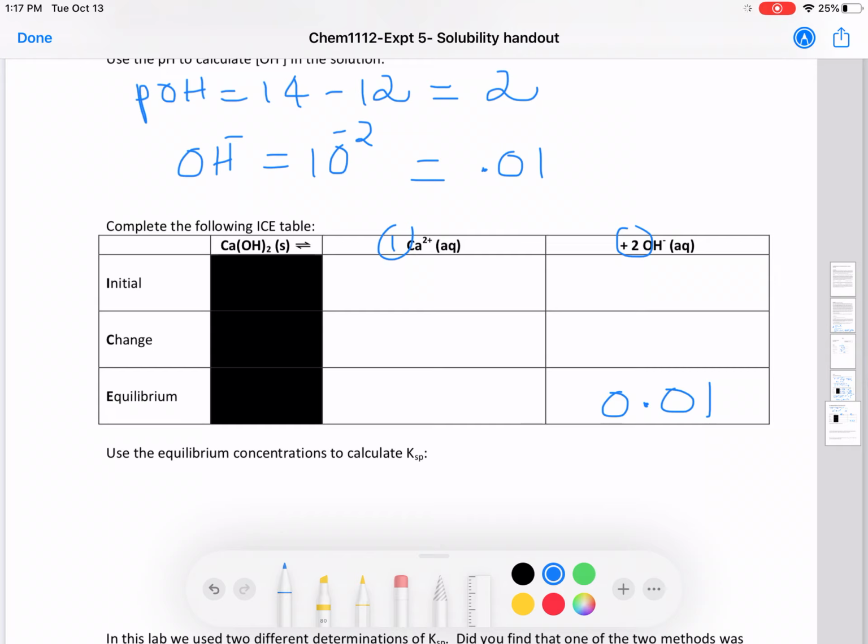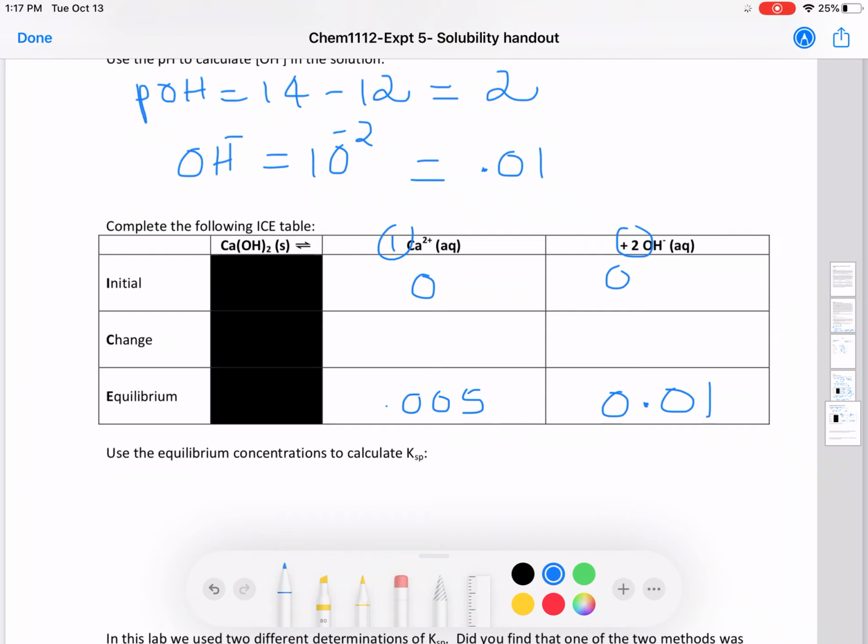Because initially, since we use this from the saturated solutions, these are going to be 0. If the equilibrium concentration is 0.01, your calcium ion is going to be half of that, 0.01 over 2, 0.005.